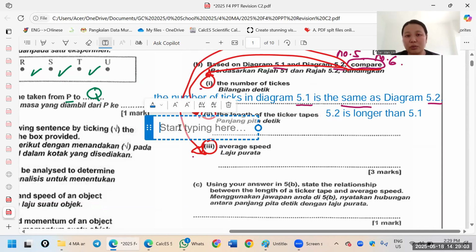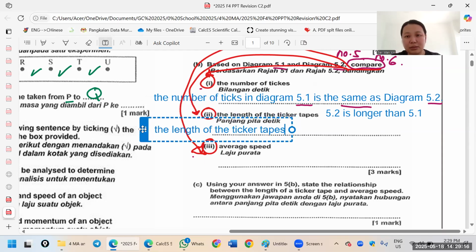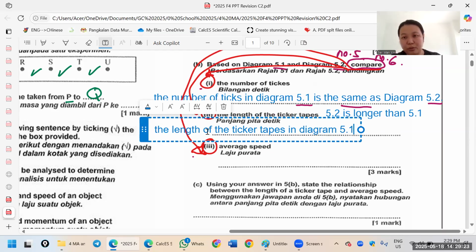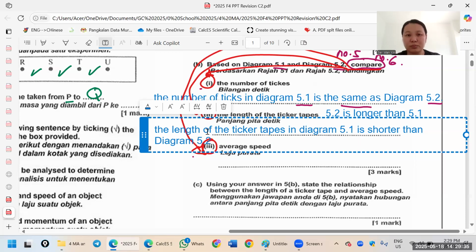But I still encourage you to write this: the length of the ticker tapes in diagram 5.1 is shorter than diagram 5.2.